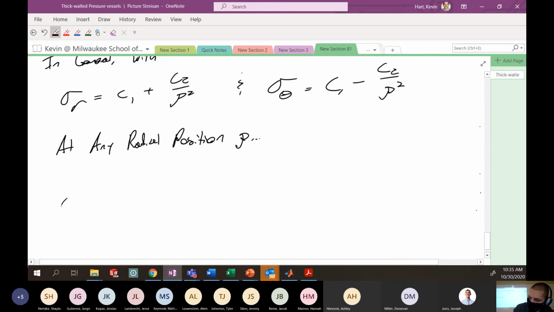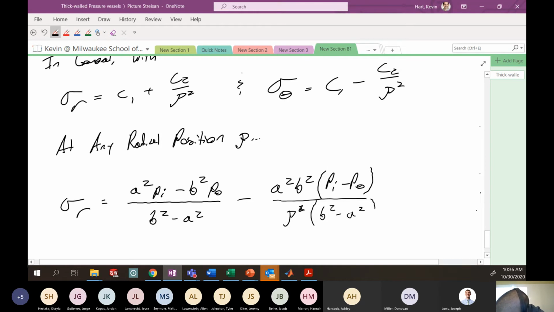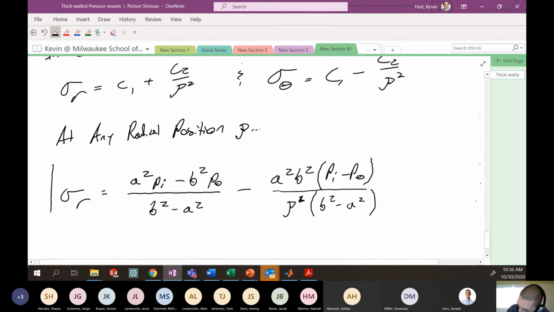If you simplify this, sigma r is (a squared p_i minus b squared p_o) all divided by (b squared minus a squared), minus C2 on rho squared, which is a squared b squared (p_i minus p_o) all over rho squared times (b squared minus a squared). So that is your radial stress at any arbitrary location for a thick-walled vessel.